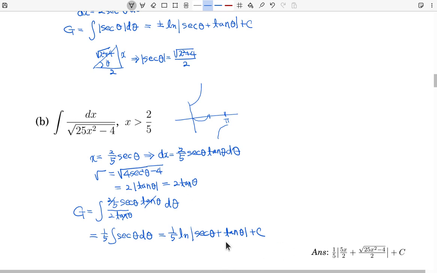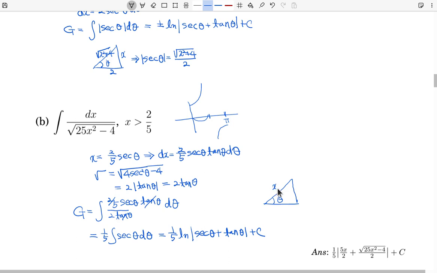For tangent theta, you have to make that part a function of x. Again, you can use a reference triangle. The reference triangle is made in this way. If this is theta, then sec theta is the ratio between this one and that one, so this is the larger one.